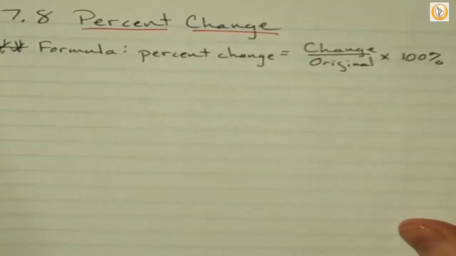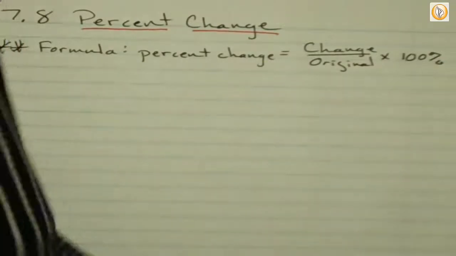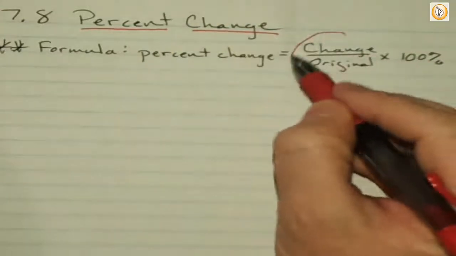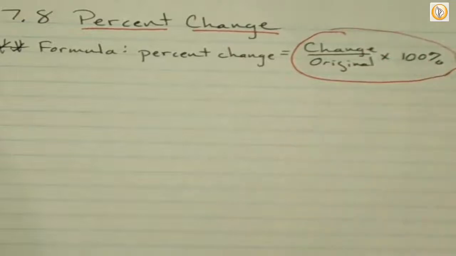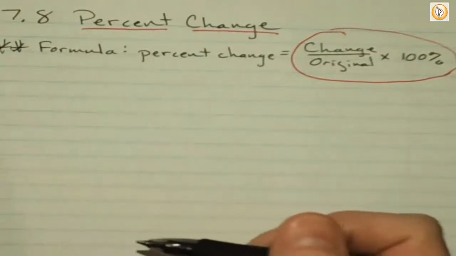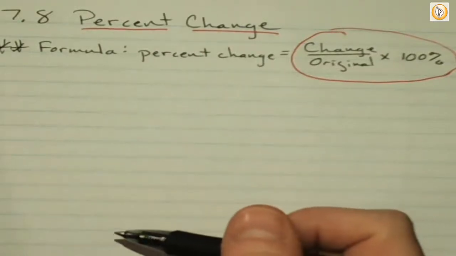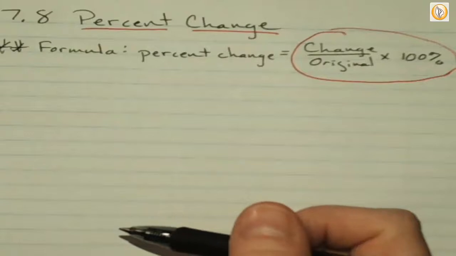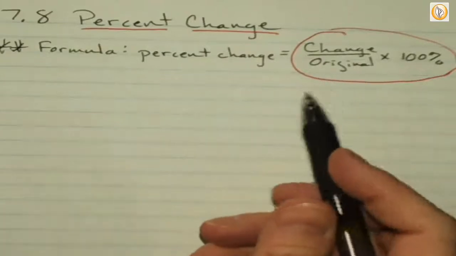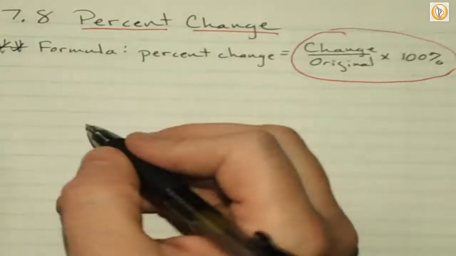The formula is percent change is change over original times 100%. Now, a lot of people are like, I don't understand change over original.